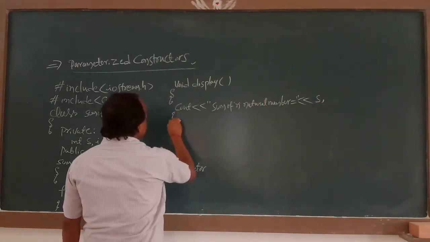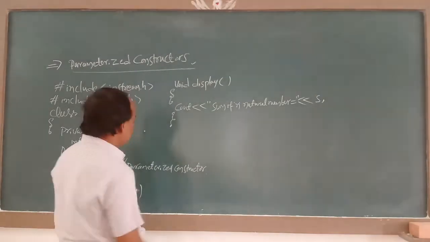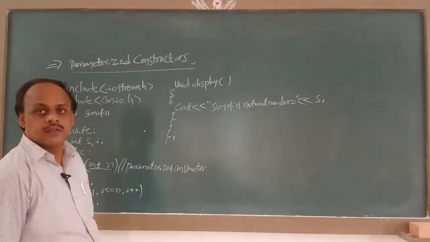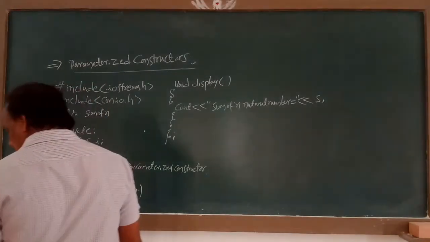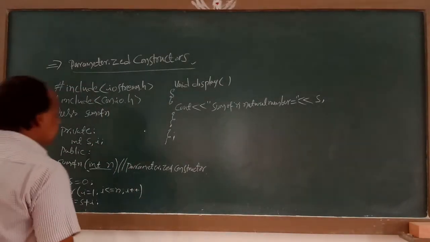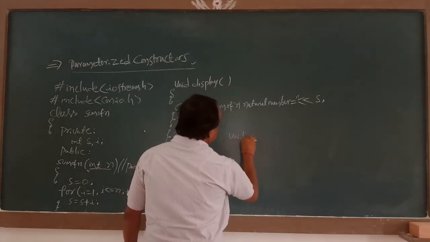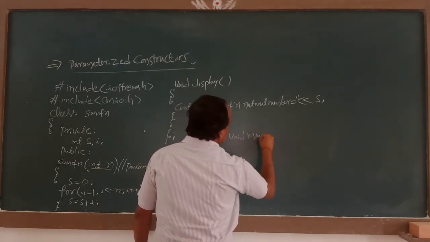I am closing this cout statement. Afterwards, I am closing this class with a semicolon, right? Afterwards, I am going to write the void main function.